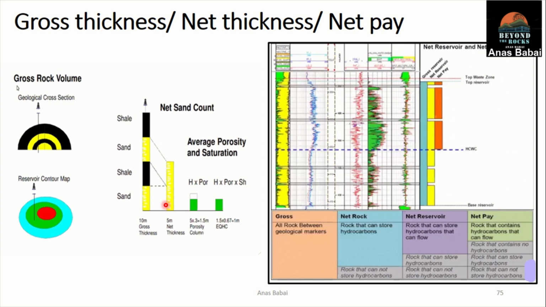So for example, if we have a net reservoir thickness, we know that within this net reservoir thickness there is variation in porosities and permeability. For example, the porosity in this section might not be the same as the porosity in this section, because as we know, the environment is not fixed. It will not give you the same output.